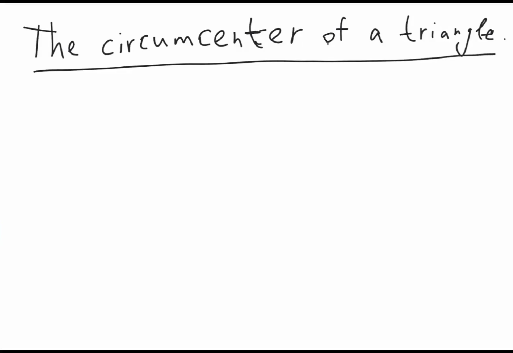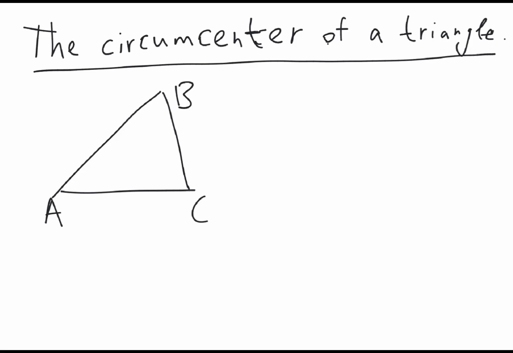Okay, in this video I'm going to talk about the circumcenter of a triangle. So basically we have a triangle denoted ABC, and we consider the perpendicular bisectors of all three sides of this triangle.